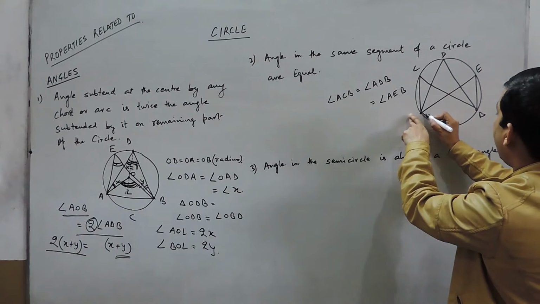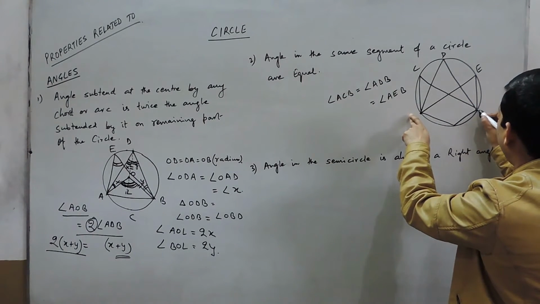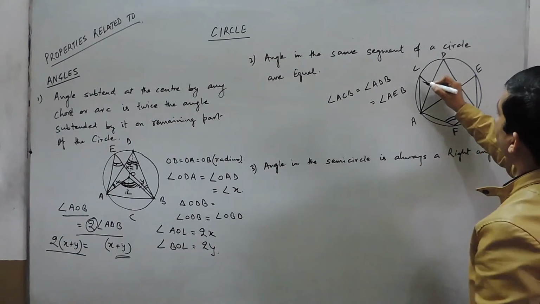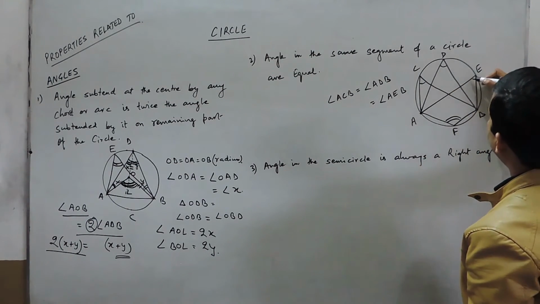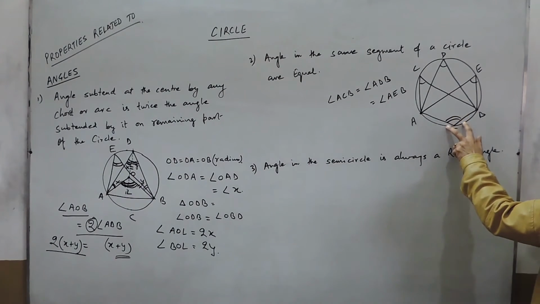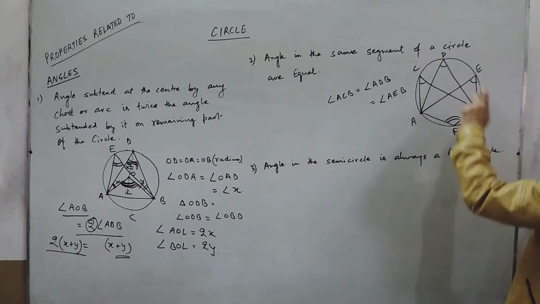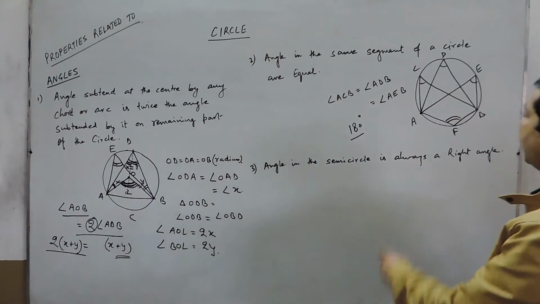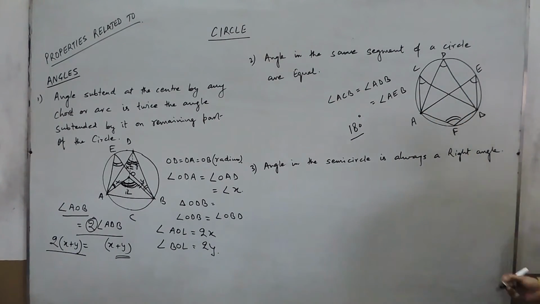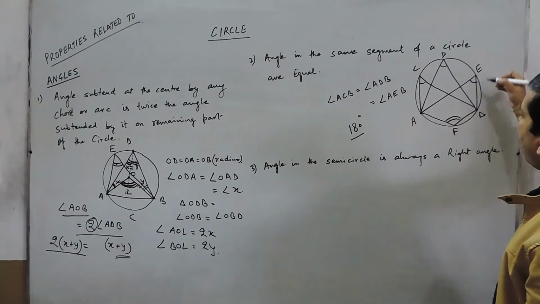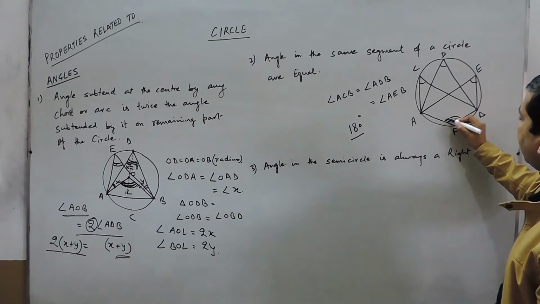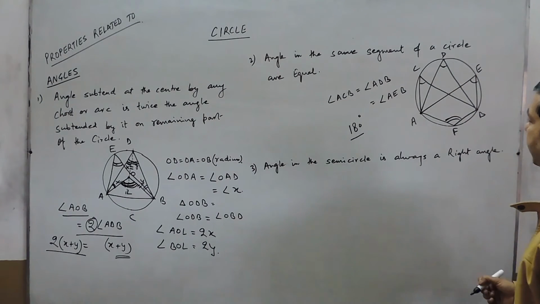If I take the angle in the other segment, then this angle is not equal to these angles. But this angle plus this angle will sum to 180 degrees, which we have already discussed in cyclic quadrilaterals: if a quadrilateral is inside the circle, the sum of opposite angles must be 180 degrees.